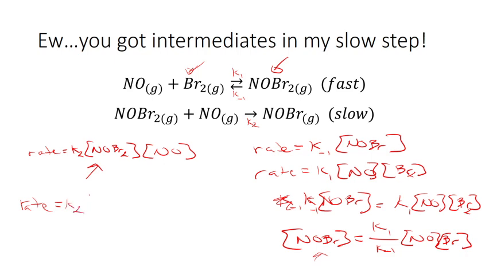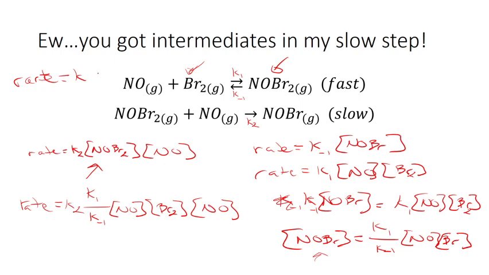We get rate equals k2 times k1 over k-1 times NO, Br2, NO. So this is starting to look a lot like that initial rate we had, where rate equals k times NO squared Br2, our termolecular rate statement that we said is not going to be the case.